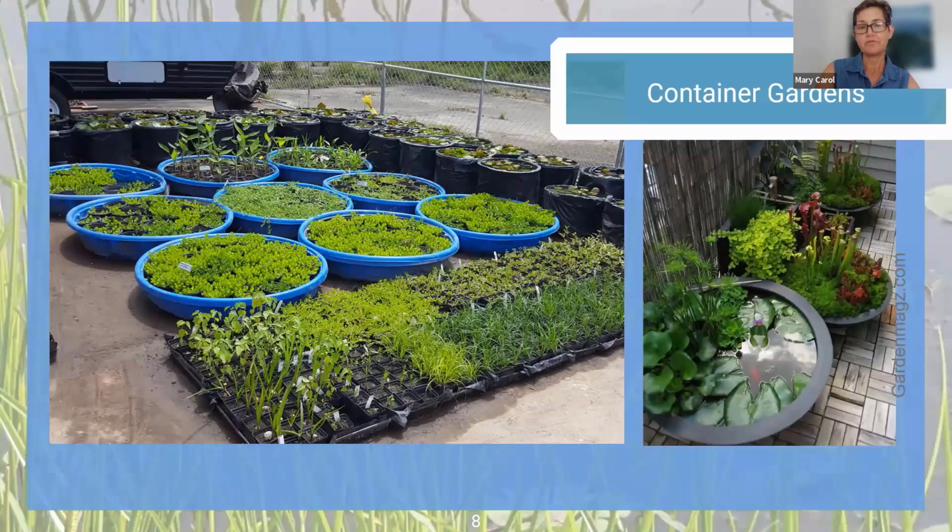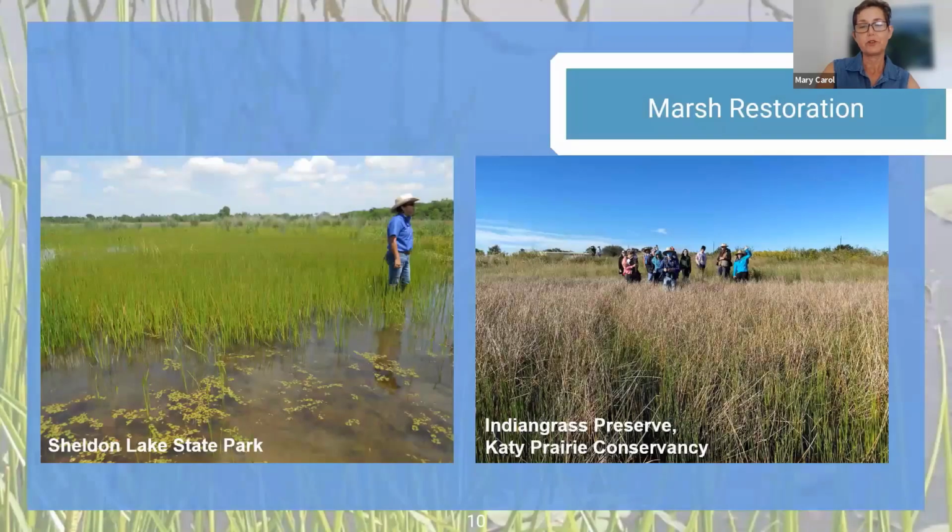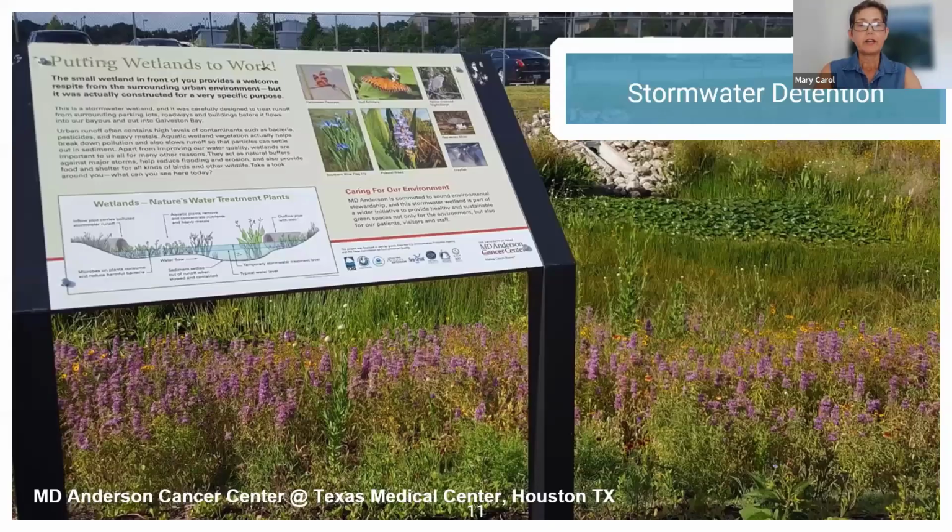Container gardening, floating wetlands, marsh restoration. We heard a little bit about that earlier this morning. And really, I think the greatest driver for the need for wetland plants has been stormwater detention basins.